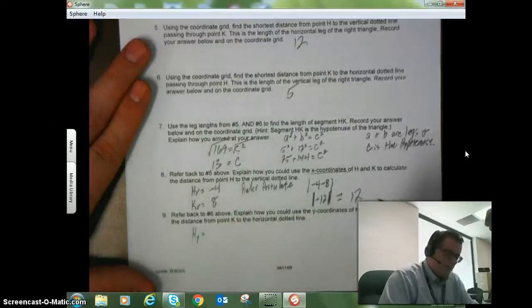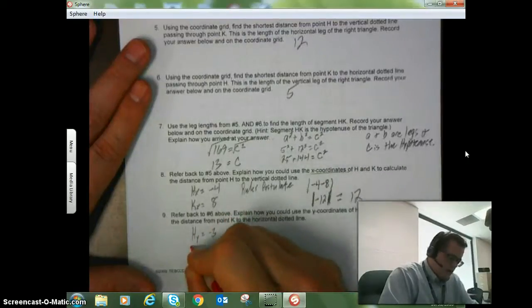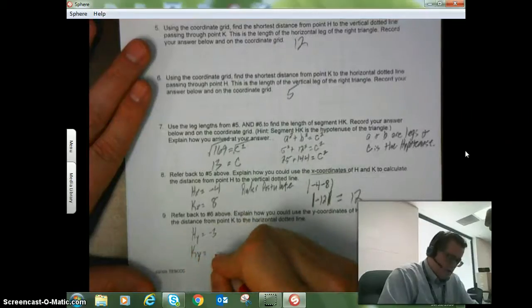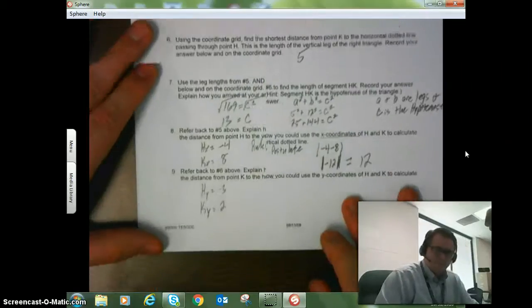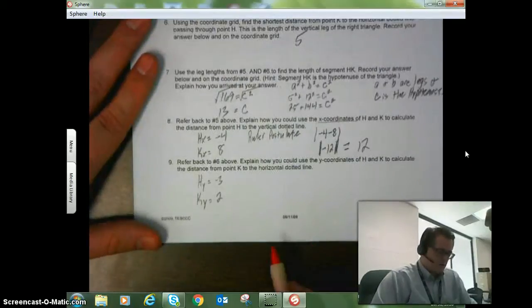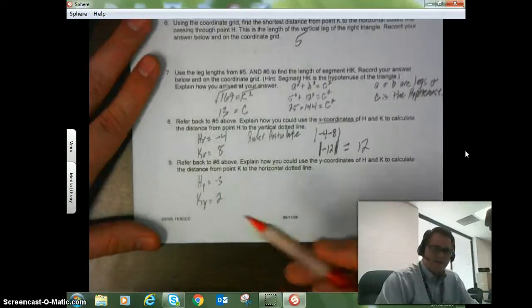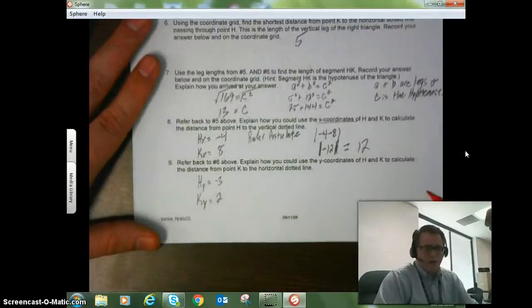Well, let's look at the y values now. The y value of point H is a negative 3, and the y value of point K is a positive 2. Now we know that the length of the leg of the right triangle is 5 spaces long. And because one of these is positive and one is negative, if we add them together, we're not going to get 5.